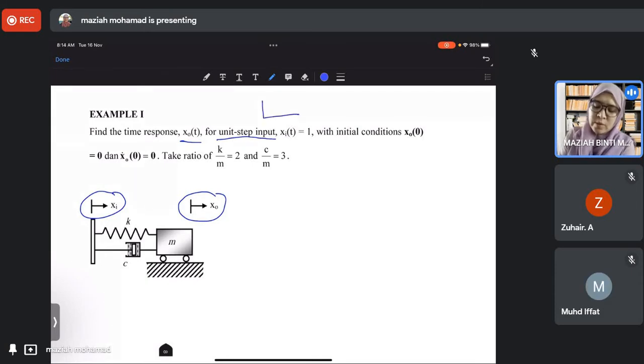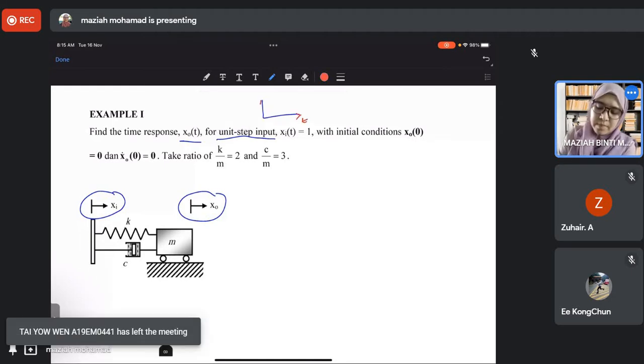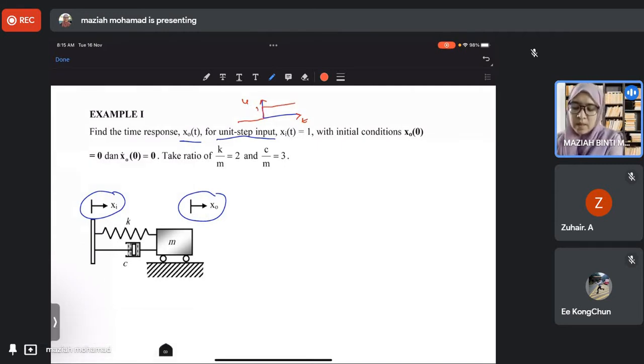Okay, with initial conditions x naught 0 is 0 and x prime naught 0 equal to 0, and then take ratio of k over m equal to 2 and c over m equal to 3.